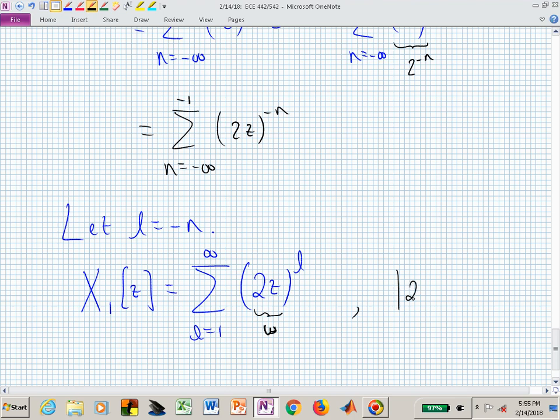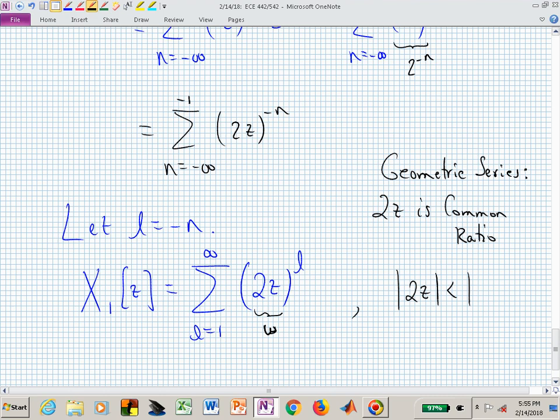So now we know that 2z's magnitude needs to be less than 1, where the common ratio is 2z. And this is actually a geometric series, meaning each term gets modified by this common ratio. It's 2z, then 2z squared, plus 2z cubed, etc., as we go.